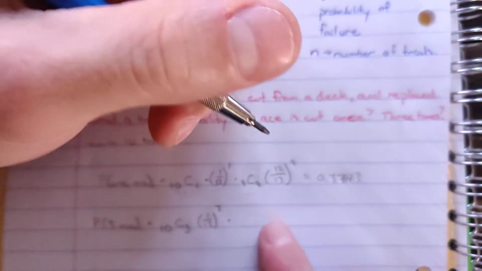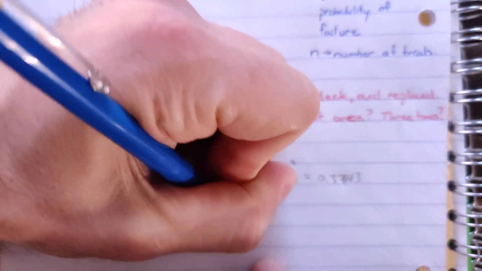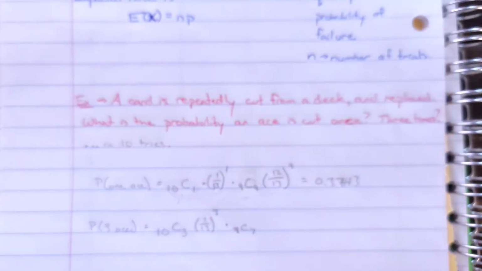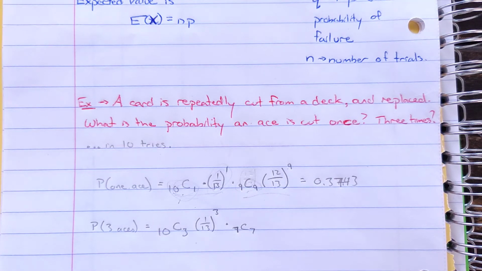Multiply that by 7 choose 7, which is the 7 remaining spaces available. We want to fill those with our 7 failures.